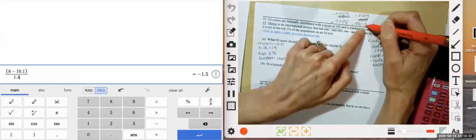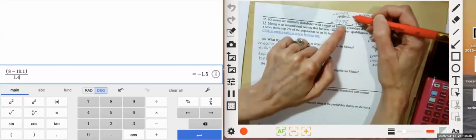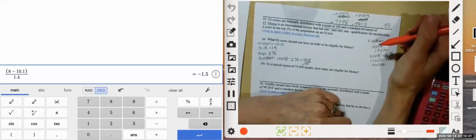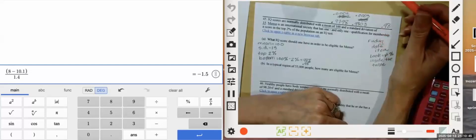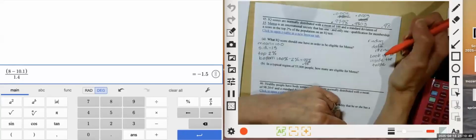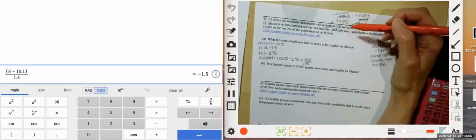Because if I want to get rid of that, or if I need to add to that. So which one is closer? 0.0002 away or 0.0003 away? The 0.0002 away. Yeah. So you were right with the 0.9798.